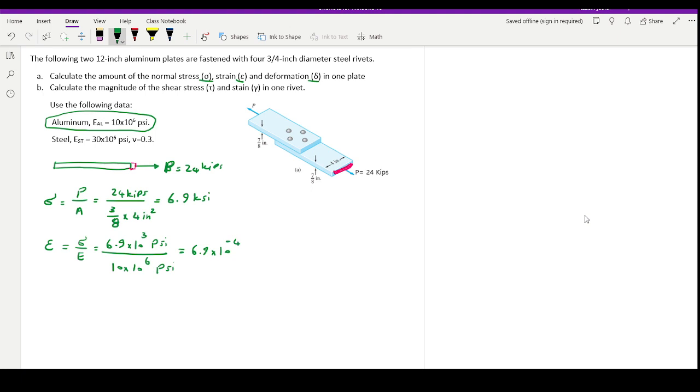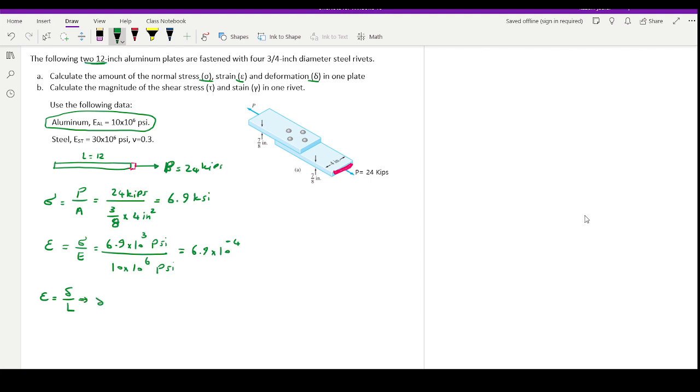Now that I know epsilon, I can write the basic equation for epsilon, which is delta, deformation, over length L, and we know that L is 12 inch. It's given here, 12 inch.